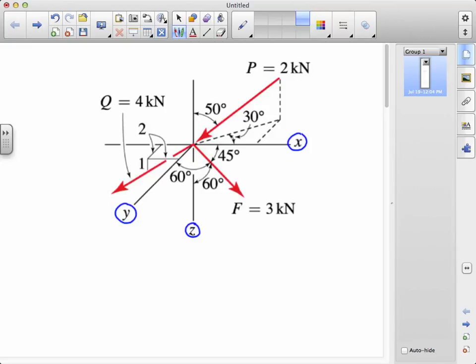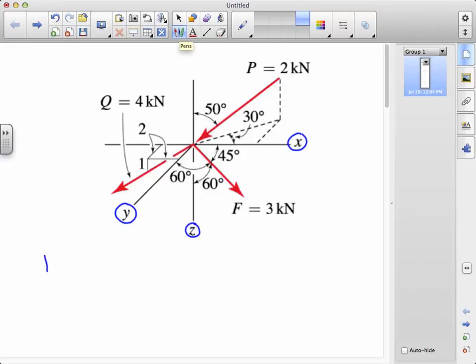So the other difference here is that we've been accustomed to looking at all of the vectors with their tails placed at the origin, and in this example, if we begin with P, for instance, its head is at the origin. We have to remember that the direction of the vector goes from tail to head.